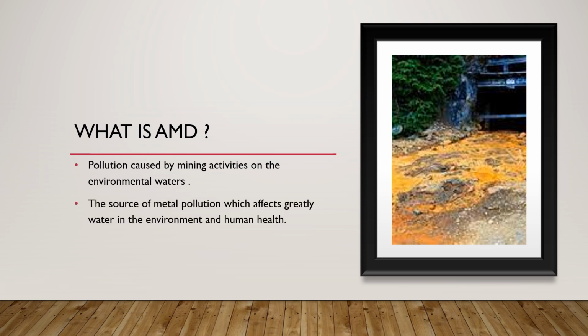So you see that water sources are actually affected mainly by the recklessness of mining companies. We see that it's also the formation of acid-rich water, meaning that we're increasing the concentration of acid content in our water.